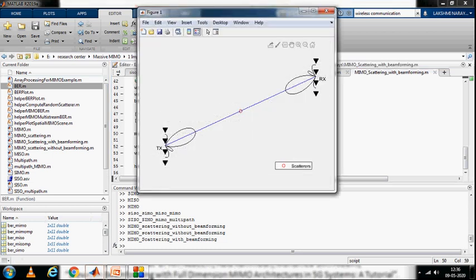Yeah, you can observe. Because of this beam forming, you are getting high directivity. Because of this high directivity, you are able to get the line of sight.